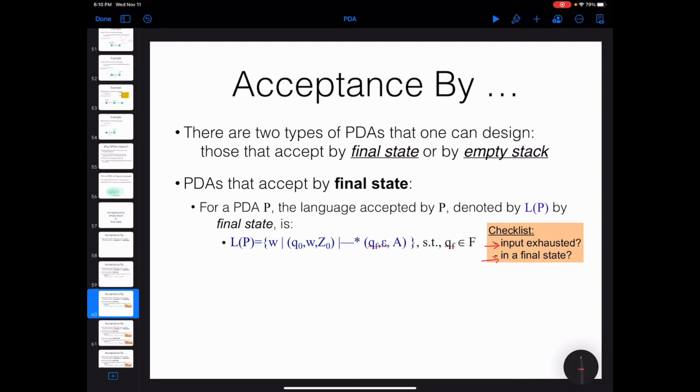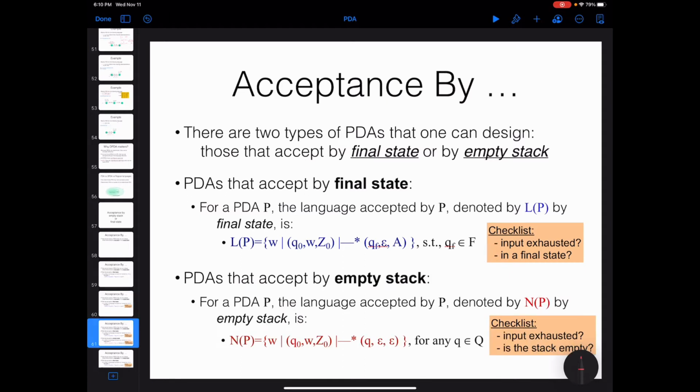This is something similar to what we did for finite state machines, where you read the full string and you should be in a final state. In addition to this, we can design our pushdown automata to accept the strings based on the content of the stack, by empty stack.